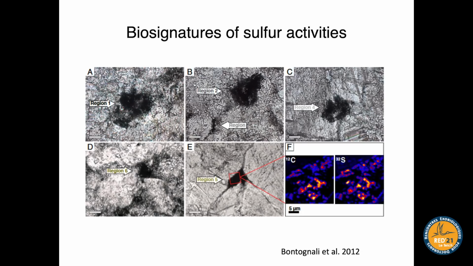This is one example by Thomas Bontognali, who measured the sulfur isotope composition, because a lot of microbes can use sulfur as an electron acceptor or even an electron donor, depending on their metabolic activity. If we measure the sulfur isotope composition of the organics, but also the pyrite, you can have a good overview of the biological sulfur cycling at that time.